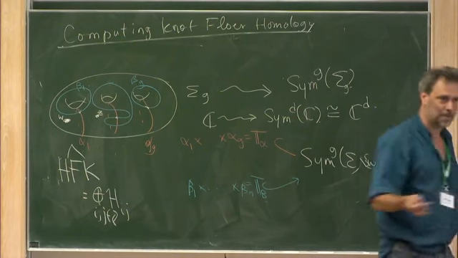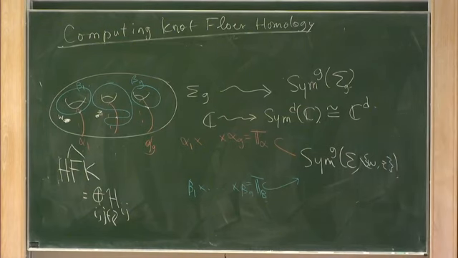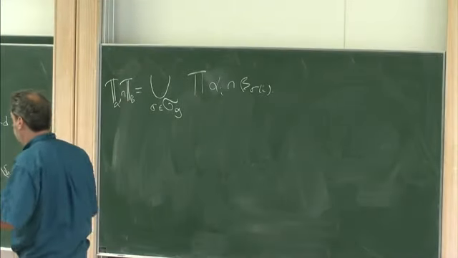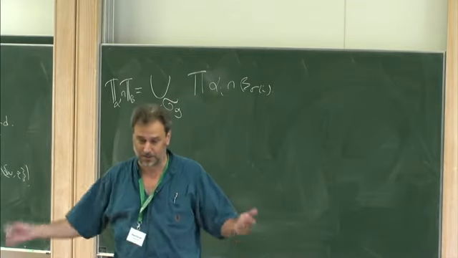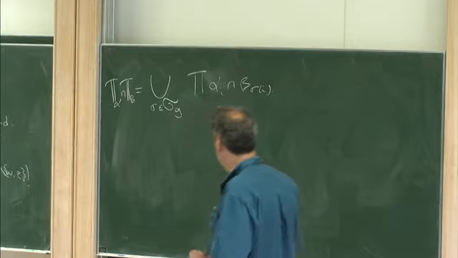So this is a very combinatorial object. The problem is to compute holomorphic curves, so it's a chain complex, its generators are combinatorial, its differentials are computing some analytic object.